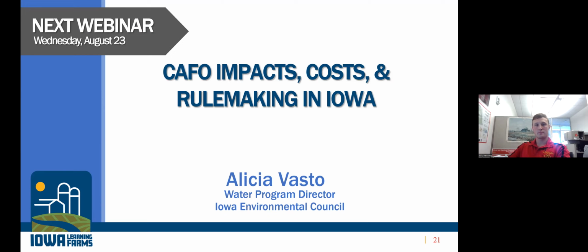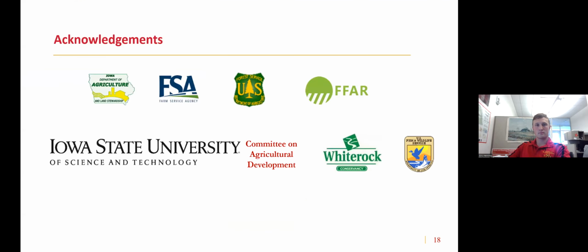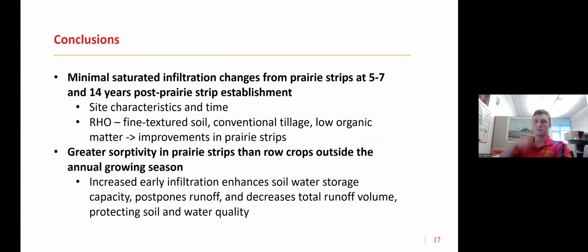Let's go back to your conclusion slide, Eric, and we do have some questions in here. First off, and this might be more of a question for Tim Youngquist, because some of these are on implementation: have farmers been flexing the width of the strips across the field to achieve a consistent number of rows between strips?